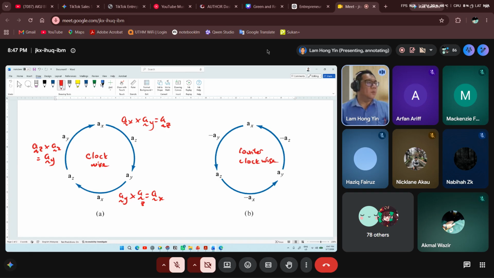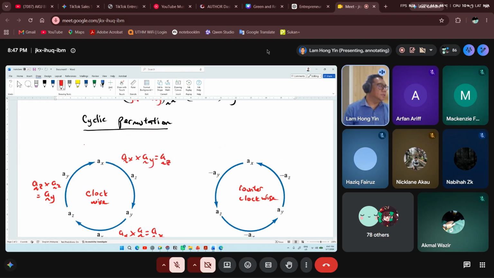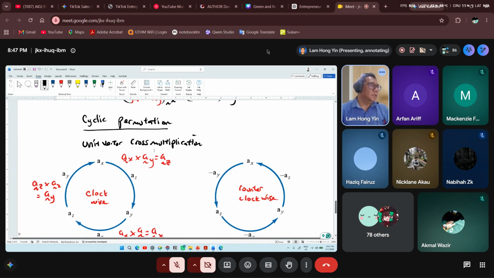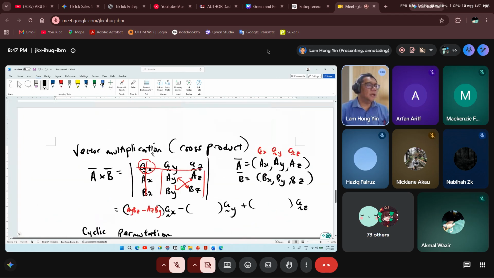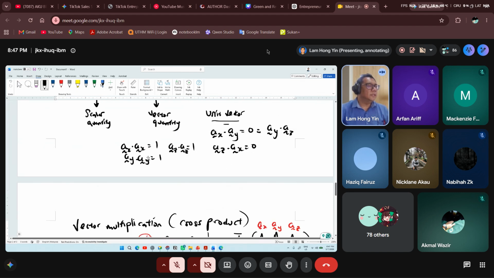So this is one way to obtain the unit vector for the cross multiplications, right? In the dot product, I showed you that if the dot product is with a different axis, you always get 0.